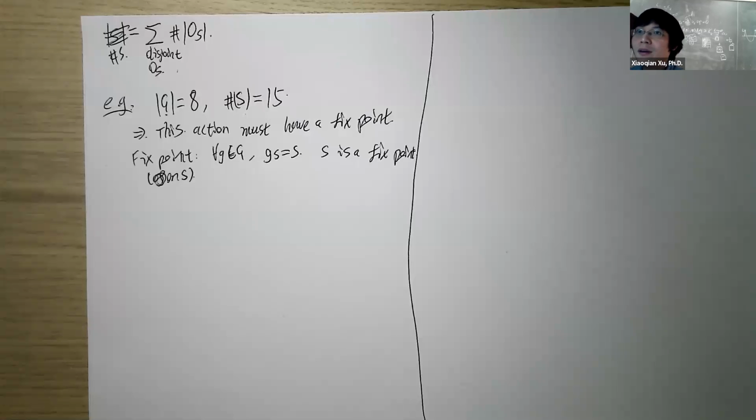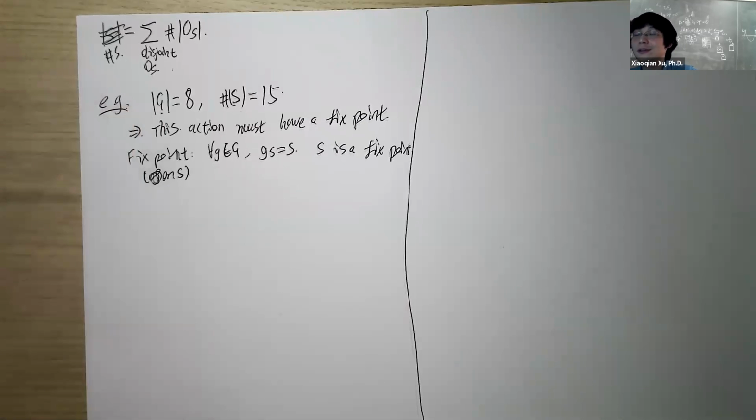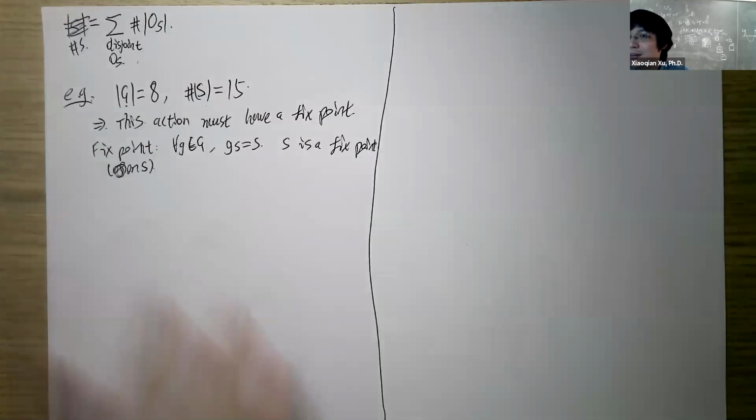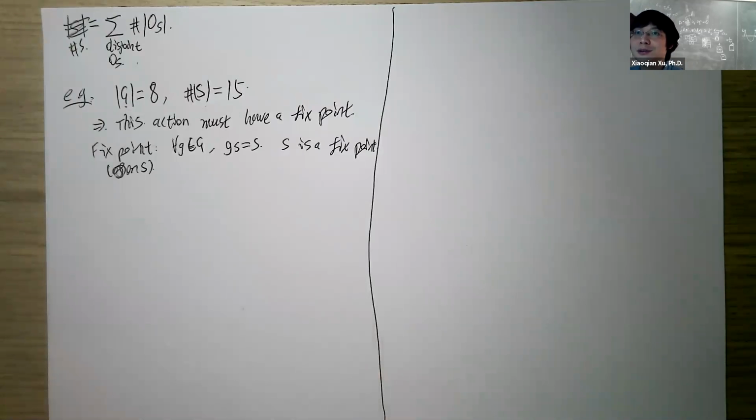Yes, 1 means the orbit corresponding to this point has only 1 point, right? So whatever element of this group you use to push this point, it doesn't change. It will not move, right? This is how you use this formula to show this result. Seems not very trivial, but it's actually easy to see in some sense.